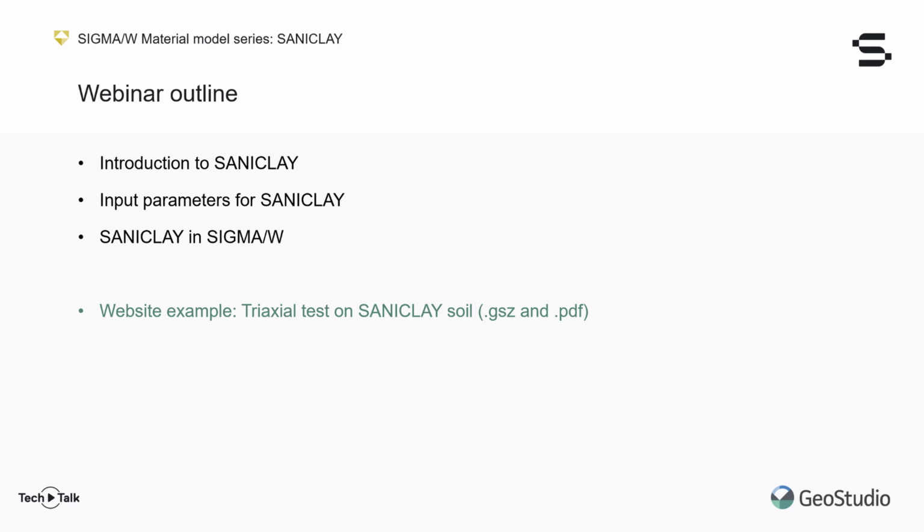The goal of this webinar is to introduce GeoStudio users to a new soil model by providing guidance and background. To get the most complete and useful experience out of this webinar, I recommend you download the triaxial test on SANICLAY soil that is available on our website and review the concepts that we will be discussing today by yourself.